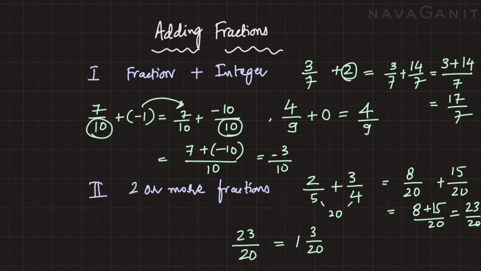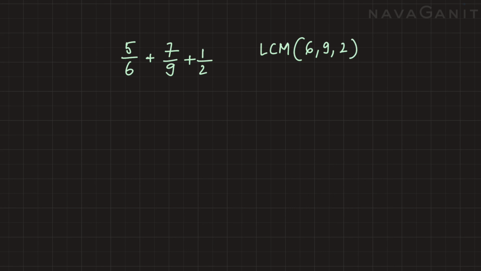Now let us understand using another example. Say we have to add 3 fractions this time, which are 5 by 6, 7 by 9, and say half, 1 by 2. So what is the first step in this addition process? First we'll take the LCM of all the denominators, which are 6, 9 and 2, and the LCM is 18. So next what do we do?